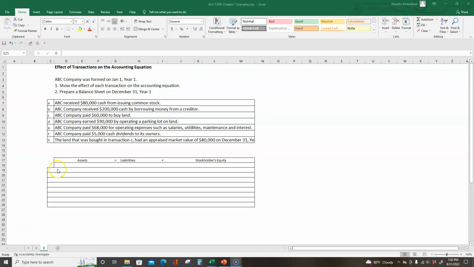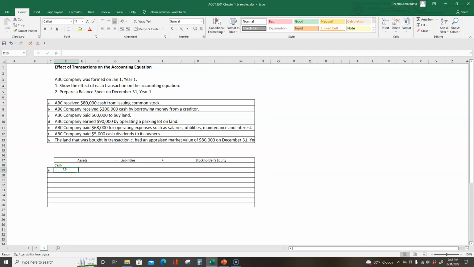When we're putting this down, I'm going to look at which specific accounts were affected by this transaction. So let me put A here because we're looking at transaction A. What happened here? The company received $80,000 cash. What type of item is cash? Cash is an asset. So under assets, I'm going to type in cash.